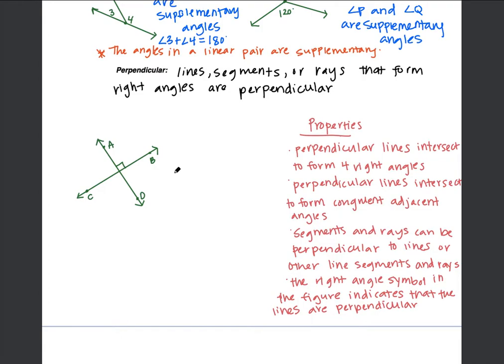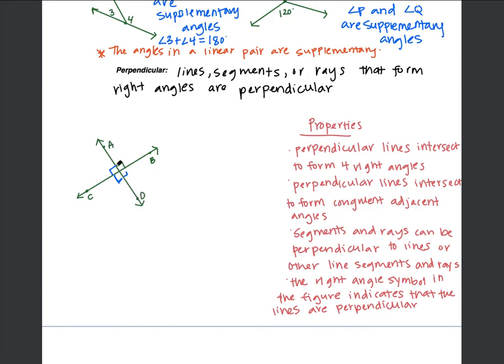So if two lines cross, right, if two lines cross and they form four right angles, remember that little square inside the angle means that it's 90 degrees. So if I have four of those, and we technically do have four, because if this one is 90 degrees, vertical angles are congruent, so this one is also 90 degrees.